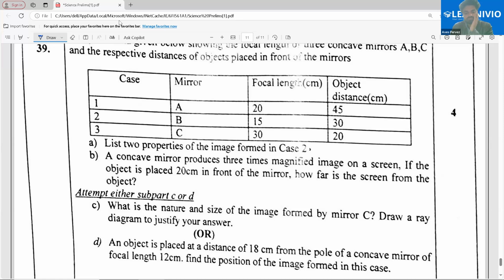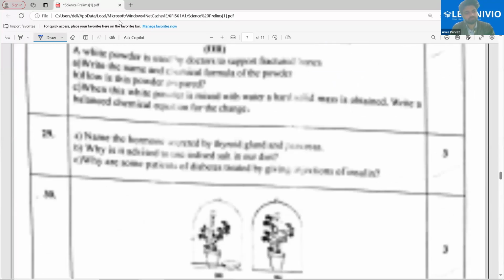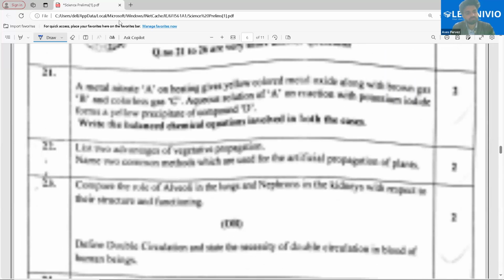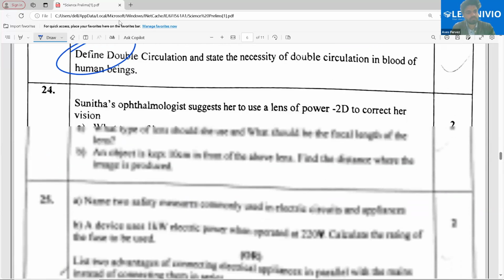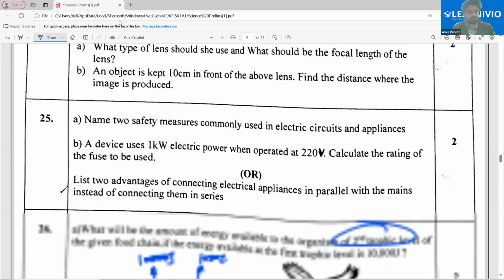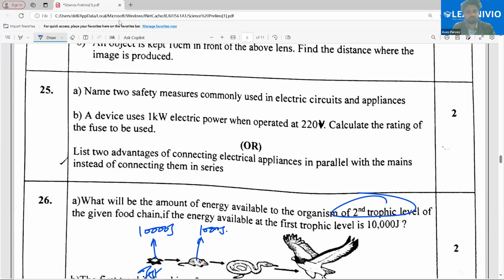I didn't know that answer, so I chose the OR question for 25. 25, Physics वाला, A वाला. Why didn't you choose the second part? No, I did choose the second part. But I'm just asking what was the A.